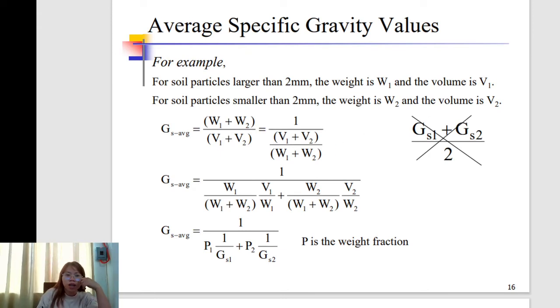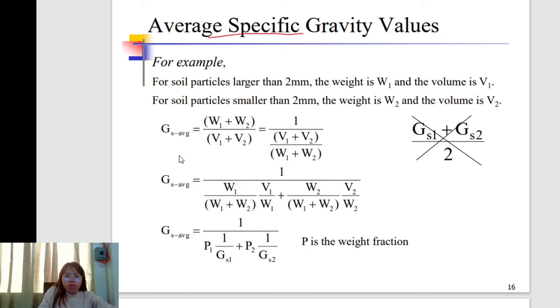For example, for soil particles larger than 2 millimeter, the weight is W sub 1 and the volume is V sub 1. For soil particles smaller than 2 millimeter, the weight is W sub 2 and the volume is V sub 2. So we have to determine the average specific gravity values.